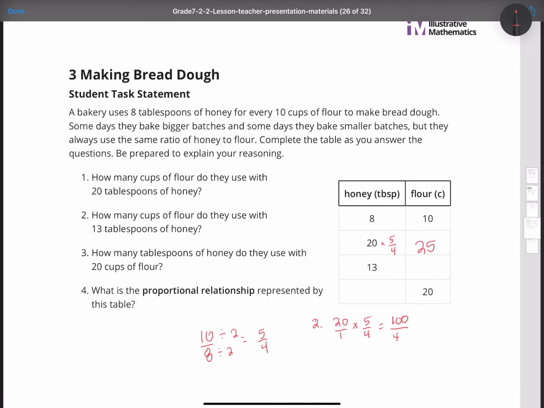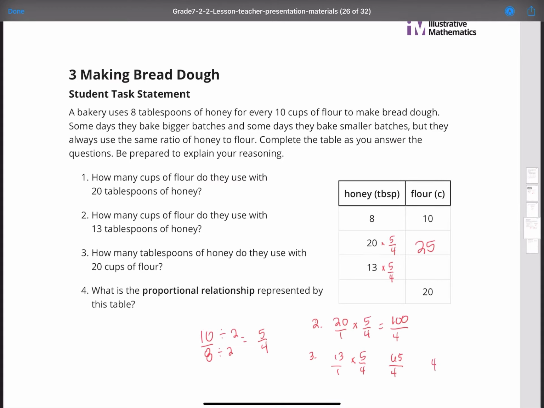So now I want to do the same thing to this. I want to multiply 13 times 5 over 4. So this is for number 3. So 13 times 5 over 4. I want to put a 1 underneath that 13, and I should multiply going straight across. And I should get 65 over 4.